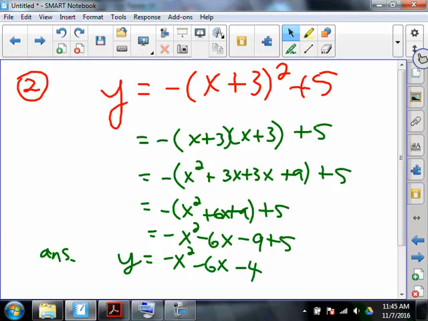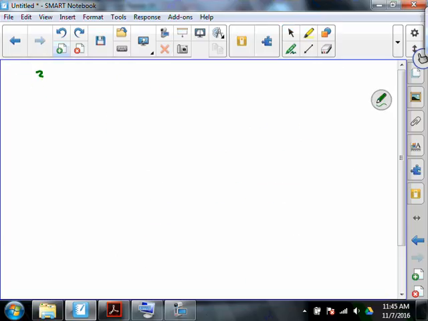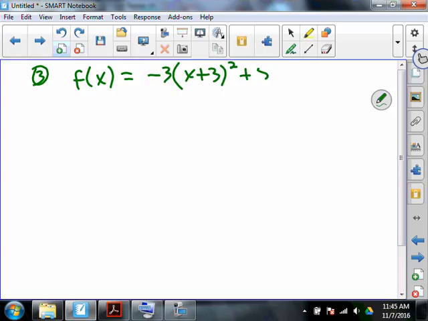Page 2, question 3 is going to have a vertex form function given to you, something in F notation. Something like that. So part 1 is going to ask you for the coordinates of the vertex. Part 2 is going to ask you if the graph opens up or down.